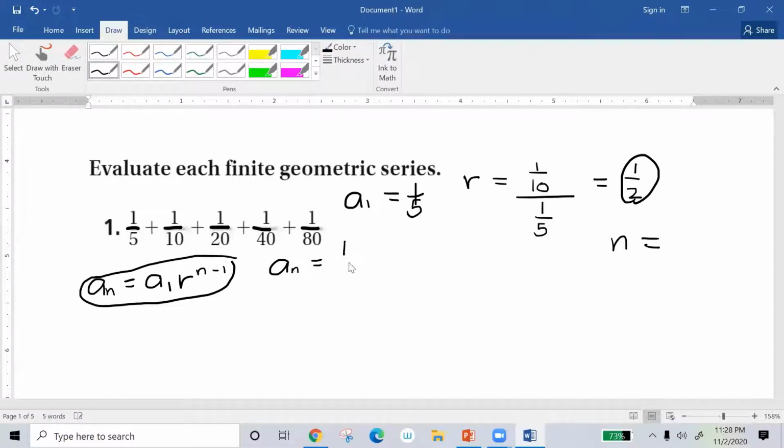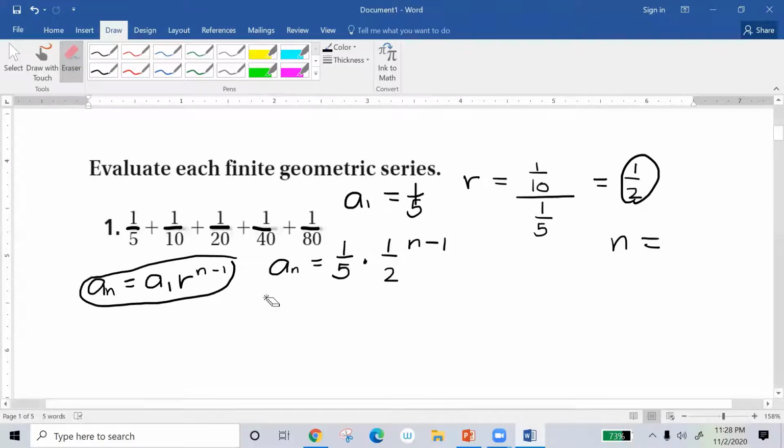Okay, next. A sub n is equal to, what is our first term? 1 over 5 times our common ratio, 1 over 2, raised to n minus 1. Now, what is our a sub n? Our a sub n is the value of our last term, which is 1 over 80.